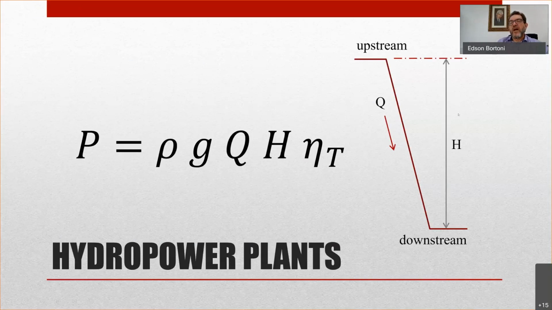The height is the difference between the upstream and the downstream. You have the flow. Everything else is taken, in planning season, as a constant. Therefore, the variables you have are the flow and the height.